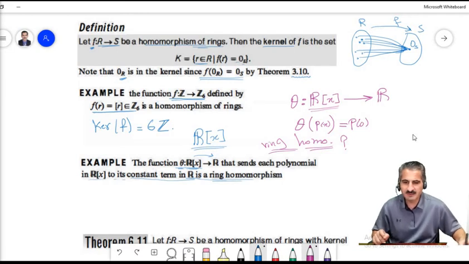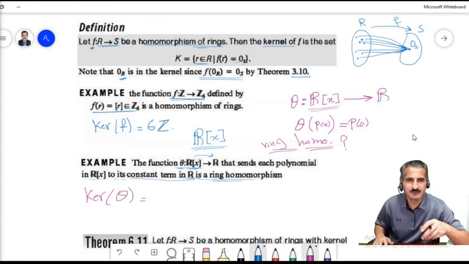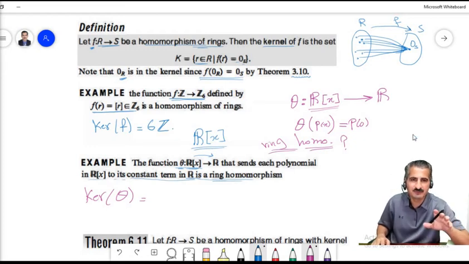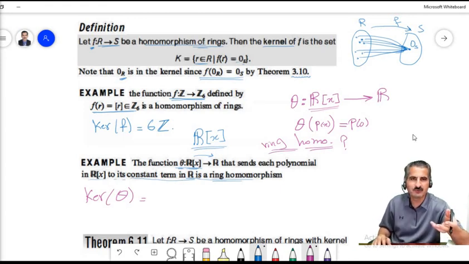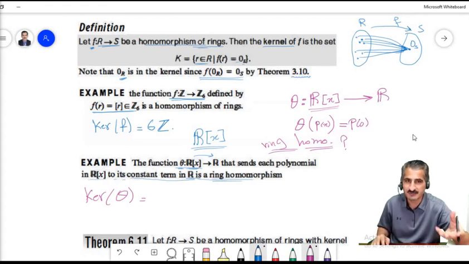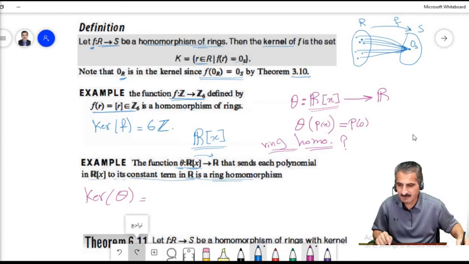And now, what is the kernel of theta? That means, what are the polynomials that if we substitute 0 inside of them, then we get 0? And then you may answer, they are the polynomials that do not have a constant term, or the constant term is 0. So let me write it here in words.